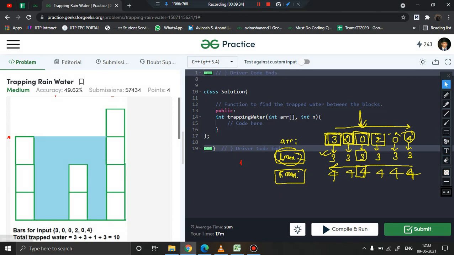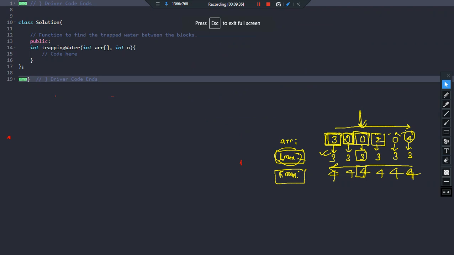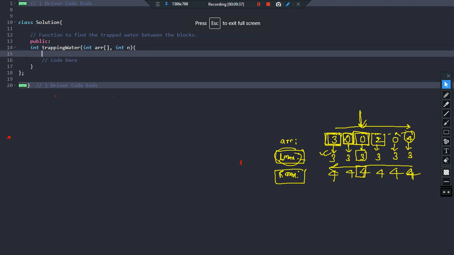So let us quickly zoom the screen and start writing the code. We know that we are going to use 2 arrays. The arrays will be lmax of length n, to keep track of the max height tower in the left of the current tower.